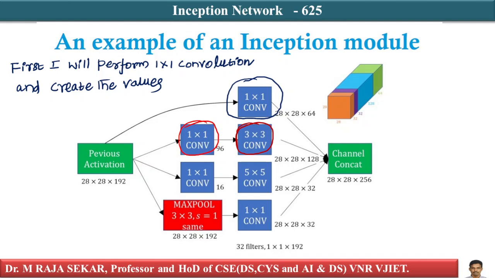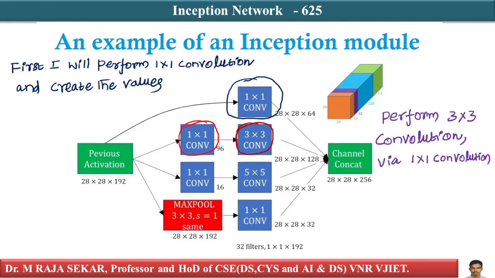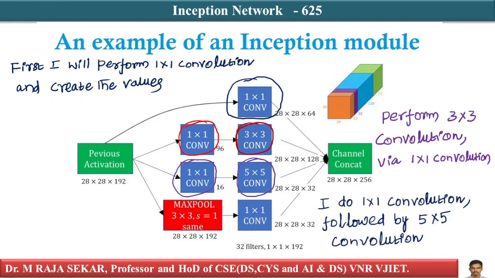This is much more optimal in terms of number of computations. Then I do a 1 cross 1 convolution followed by a 5 cross 5 convolution. So this generates some values.